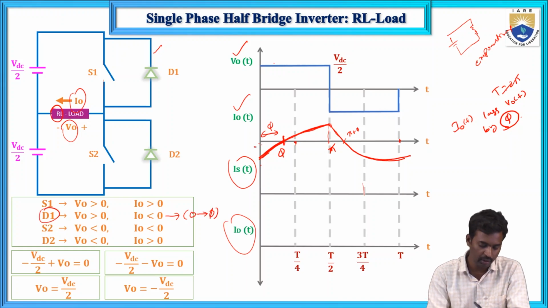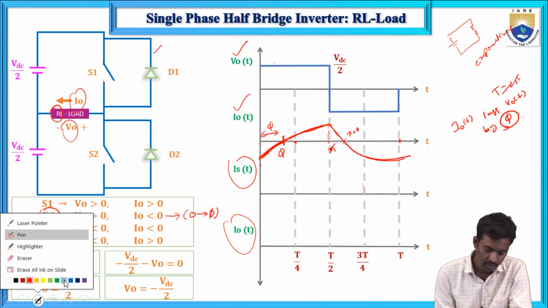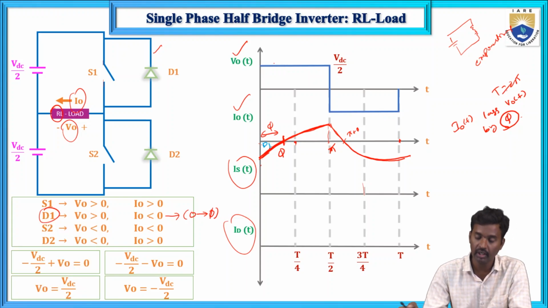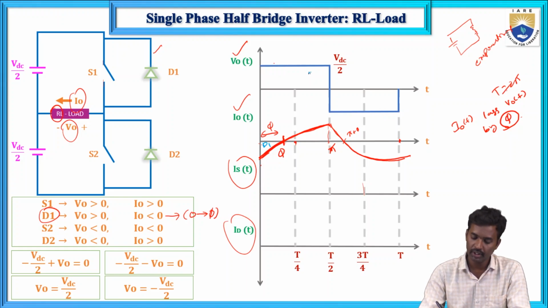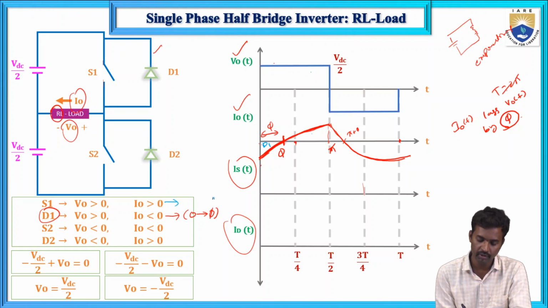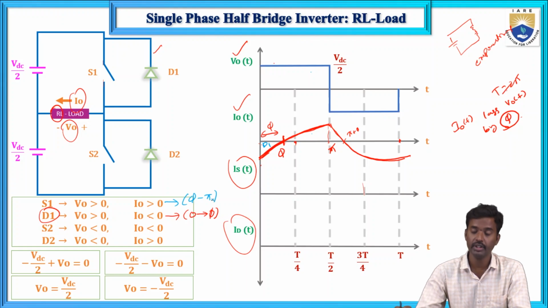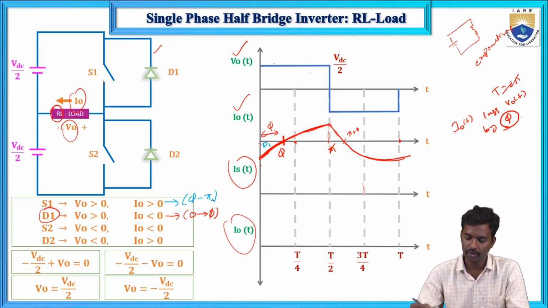D1 thyristor will conduct. And next case here, voltage is positive and current is positive. So in between this, phi to pi duration, S1 thyristor will conduct, S1 switch will conduct.